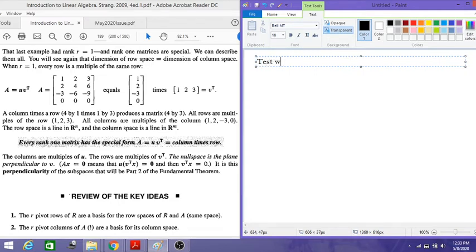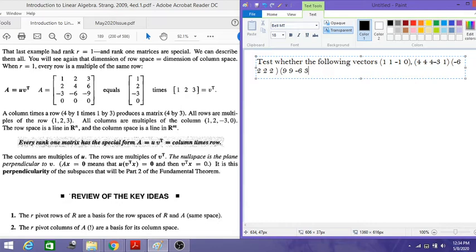test whether the following vectors, that is 1, 1, minus 1, 0, then we have 4, 4, minus 3, 1, and we have one more vector here that is minus 6, 2, 2, 2, and we have one more vector here that is 9, 9, minus 6, 3.